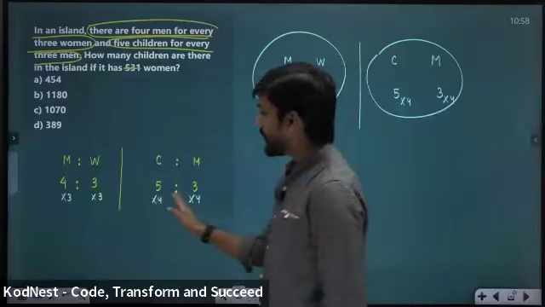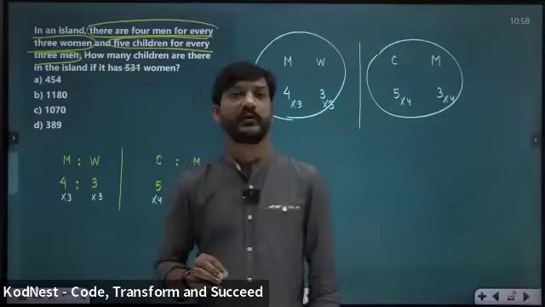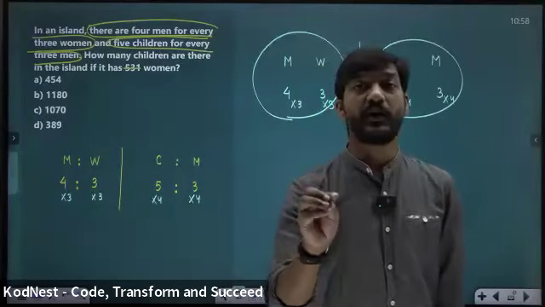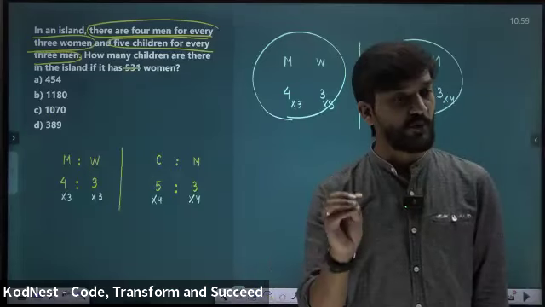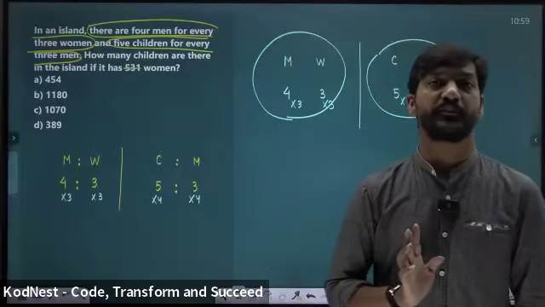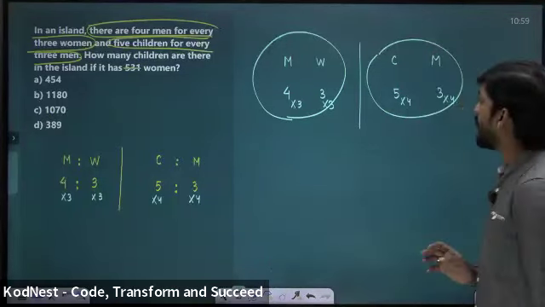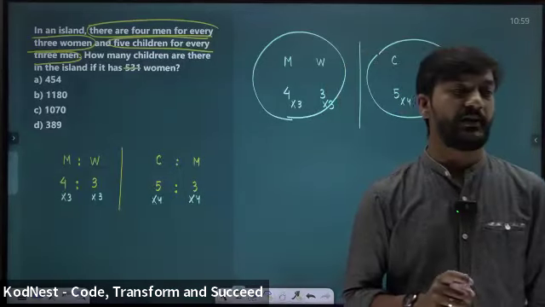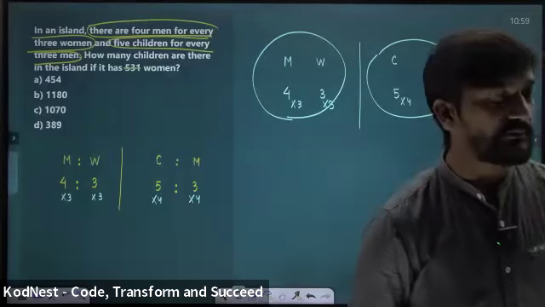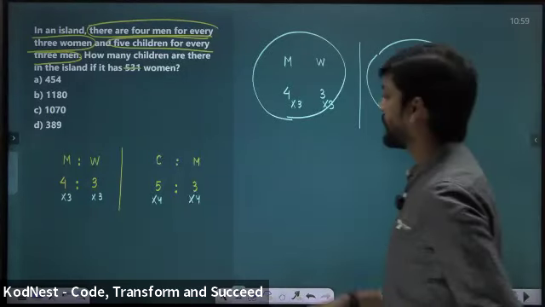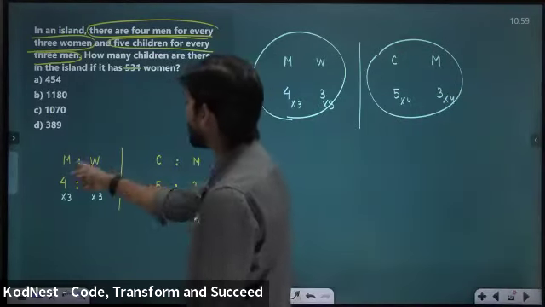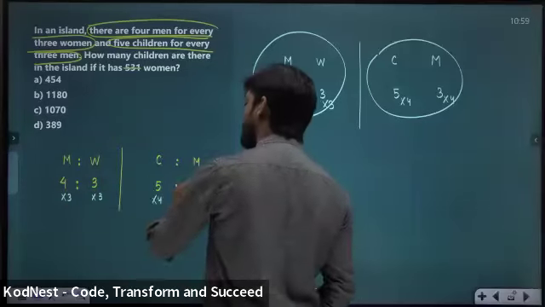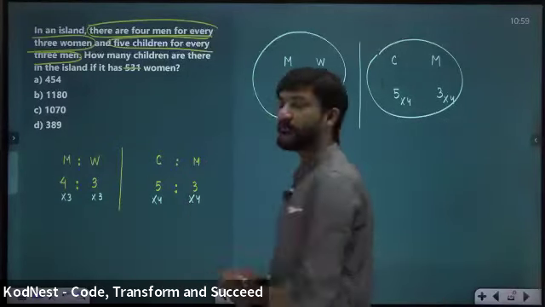So why have we done this multiplication? So that the number of men becomes one single value. If you multiply by 3 there and multiply by 4 in this ratio, the men value will become the same.